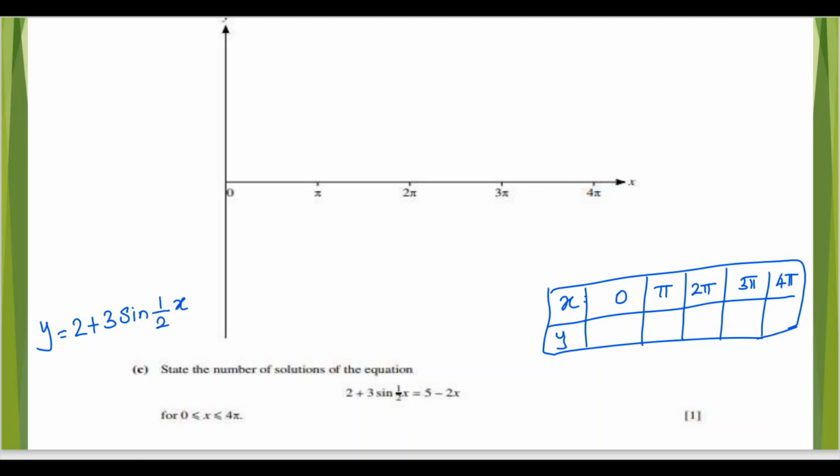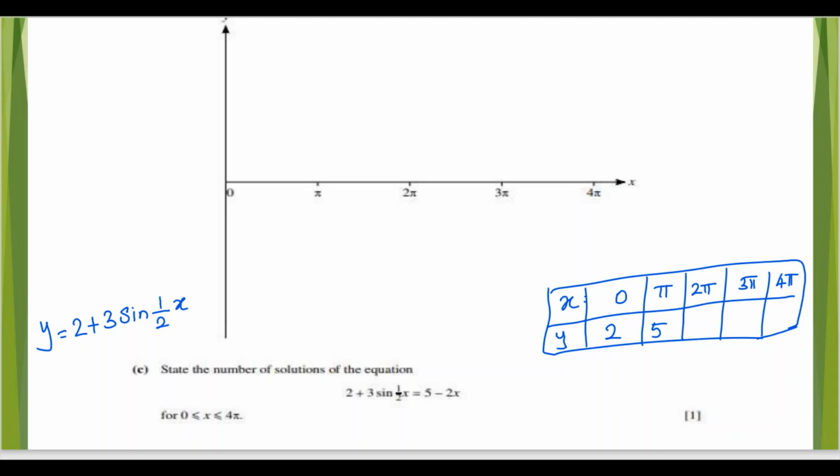When x is 0, sine 0 is 0, so you'll get y value as 2. When x is pi, you will get sine pi over 2, that is 1. So 2 plus 3 is 5. Next, when x is 2 pi, you will get 2 pi multiplied by half, so the 2 gets cancelled.